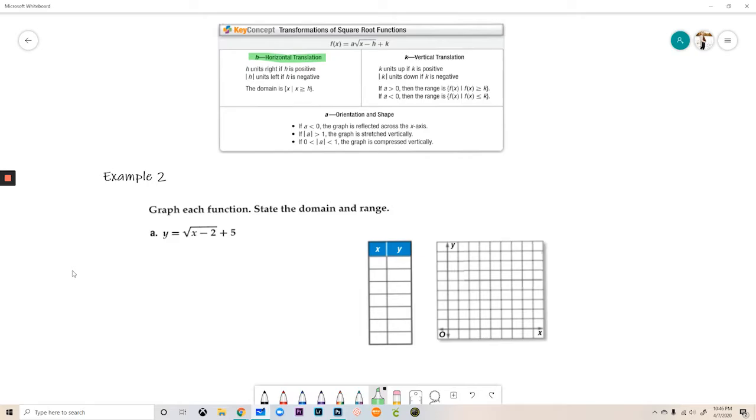Okay, so if h is positive, which means, so this is where it's a little backwards, maybe not the right way to put it, but that's how I put it for my students: because the formula says x minus h, that tells me that if h is positive, I'm going to move to the right.